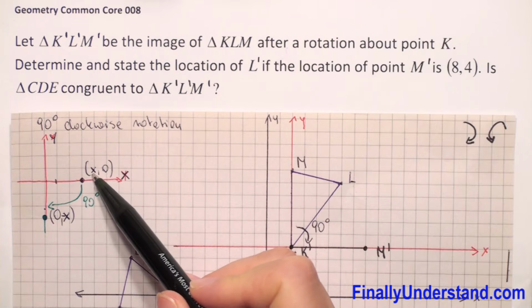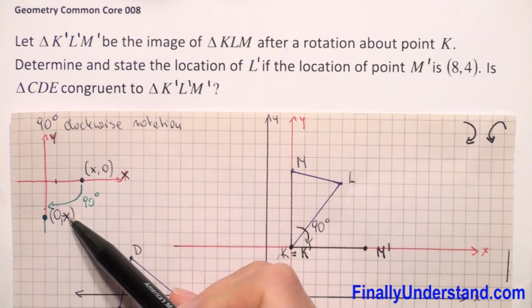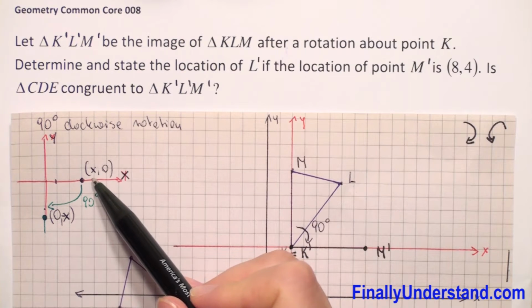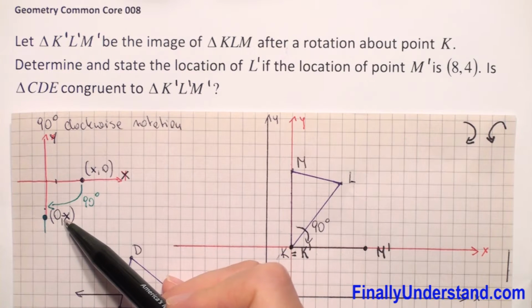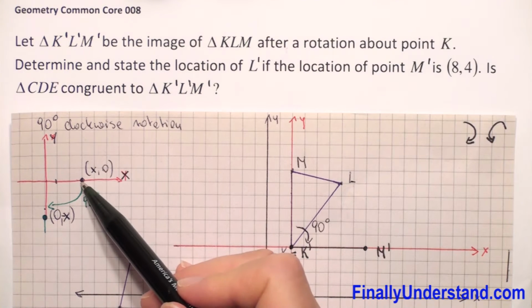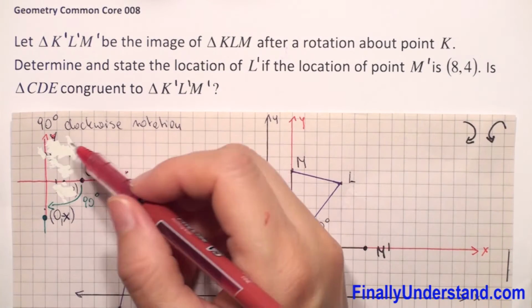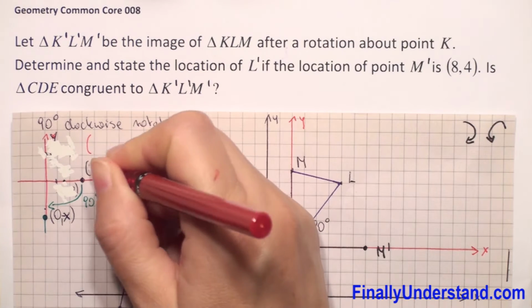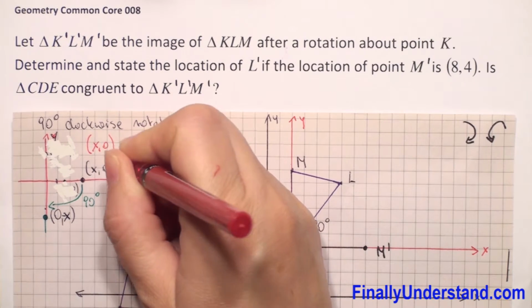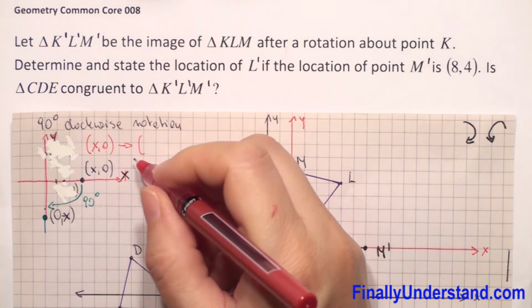We have point x, 0, now we have 0, negative x, so we change x with y, and also the y coordinate has to have a negative sign. We have to just choose one point. The easiest way is always to choose the point on the x-axis. So when we have a 90 degrees clockwise rotation, the coordinates of point x, 0 change to opposite.